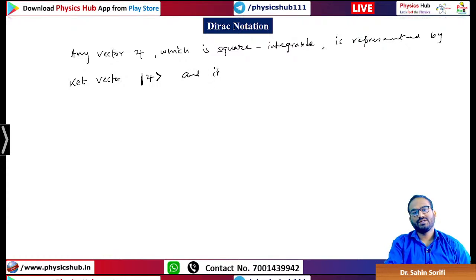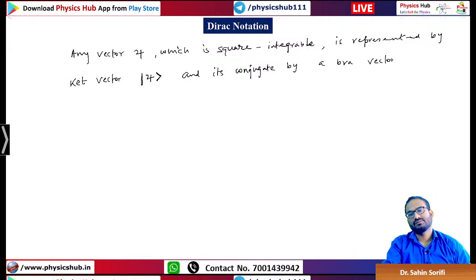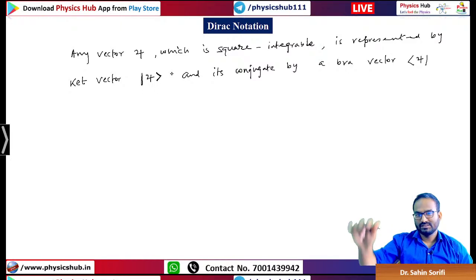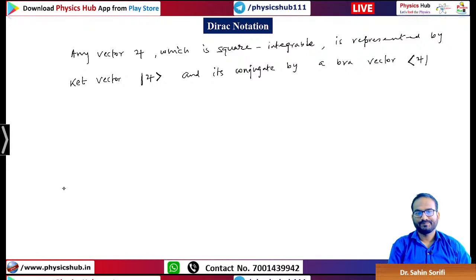And its conjugate is represented by a bra vector. A bra looks like this. This will be read as bra psi. This is ket psi, with the arrow towards the right, and this is bra psi, with the arrow towards the left.